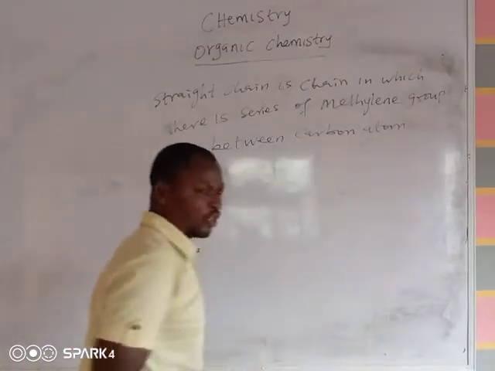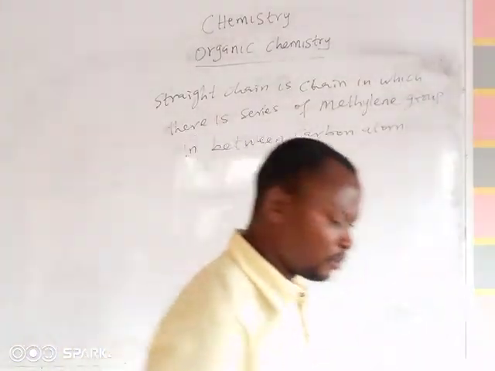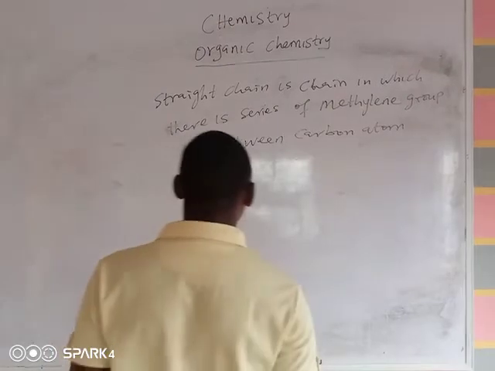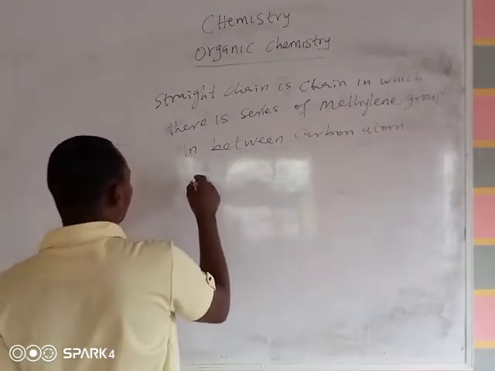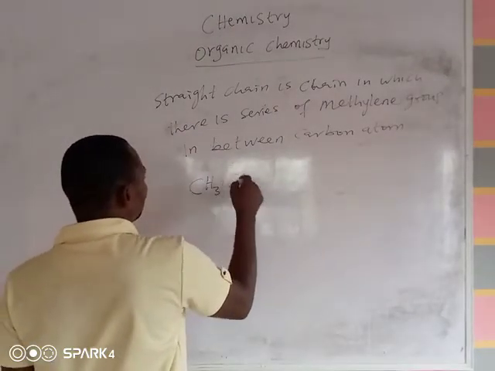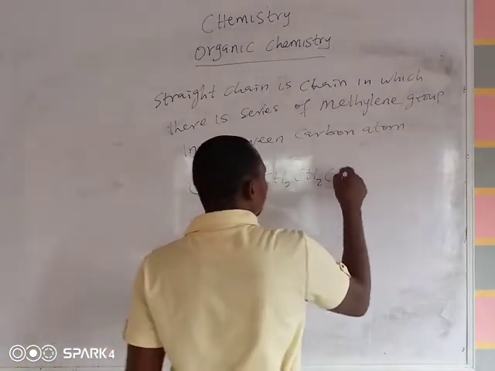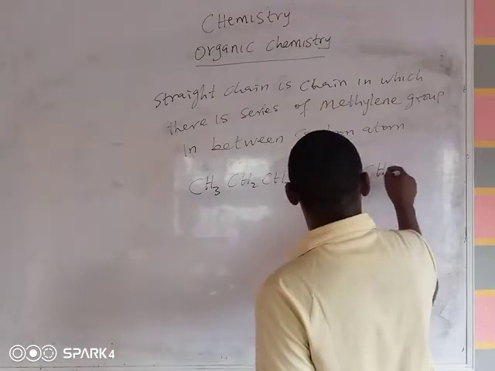The straight chain is a chain with a series of methylene group in between carbon atom. This is straight chain: CH3, CH2, CH2, CH2, CH2, CH3.